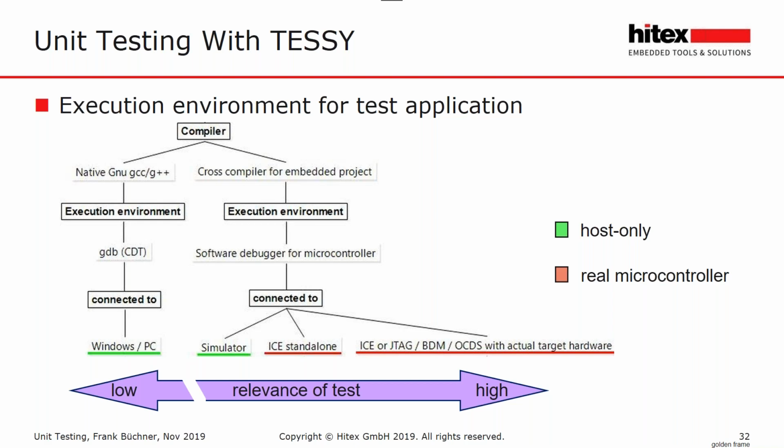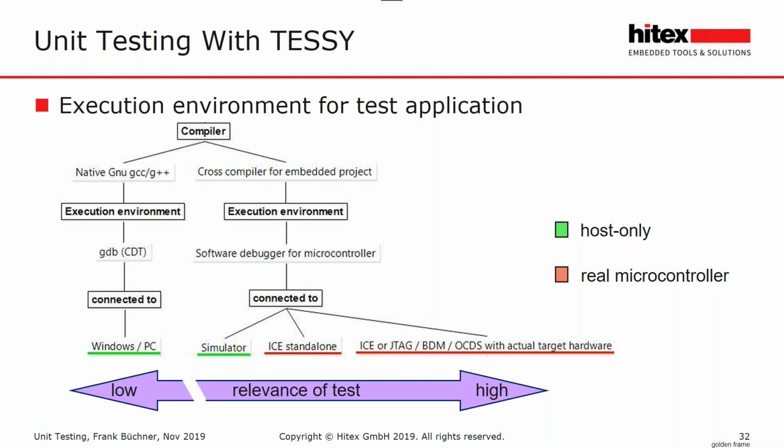So it's easy to use, but usually you cannot really rely on the results. The relevance of the test is much better if you use a cross compiler, which you use for the embedded project. You can use it in the same version, in the same optimization level, and so on. And so the test application is rather near to what you later will have in your system.